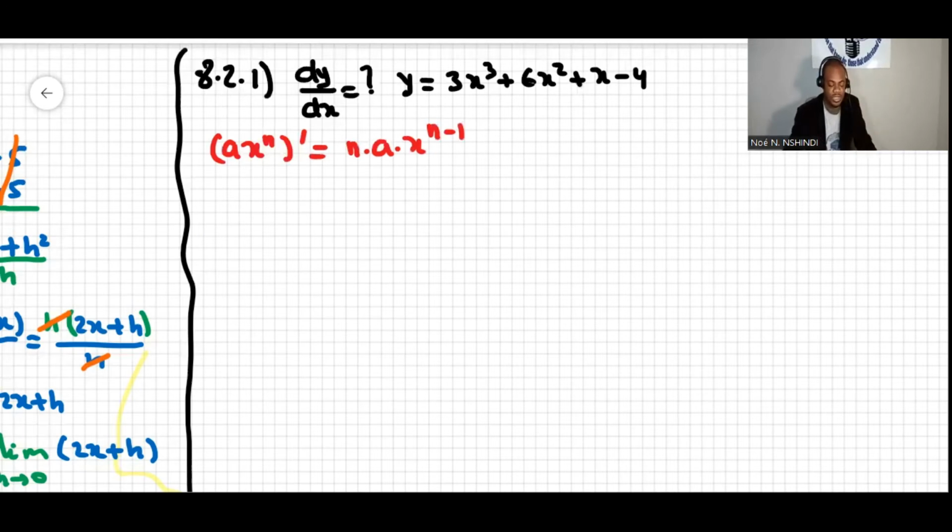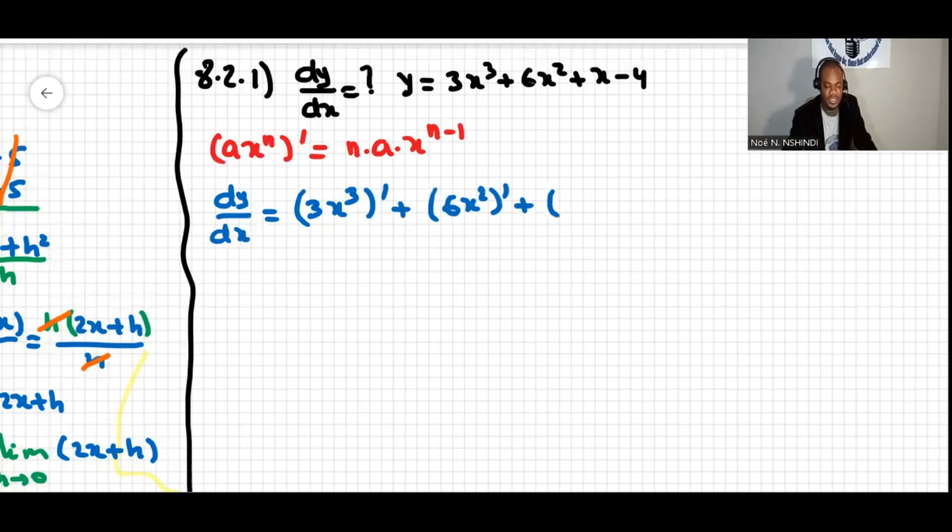Now I want to differentiate each term of this function. So dy/dx will be the derivative of 3x cubed plus the derivative of 6x squared plus the derivative of x minus the derivative of 4.